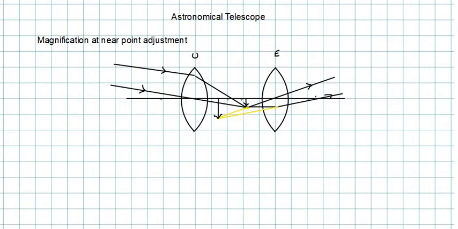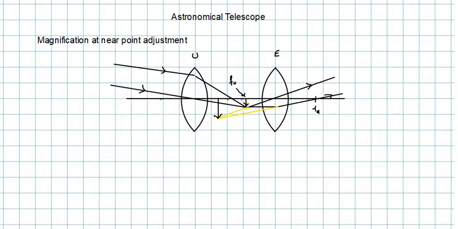This is the focus of the eyepiece. So that means the image formed by the objective is formed at the focal point of the objective. So this point is f of o. This point is f of o.